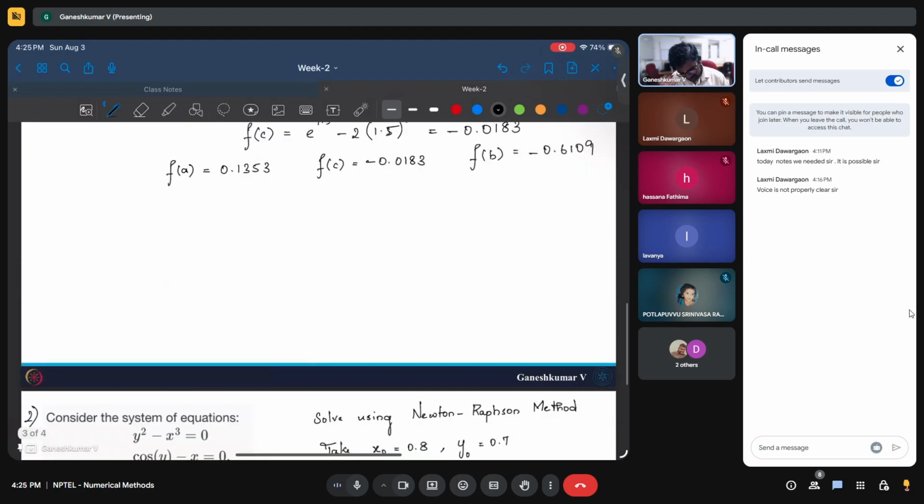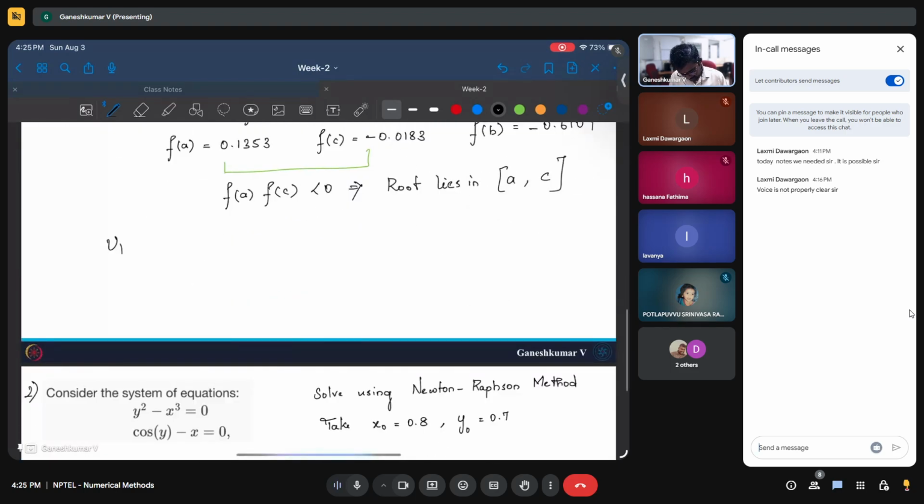So now you can see the root is going to lie between these two because this is positive and that is negative. So which means f of a times f of c is less than 0. So root lies in A comma C.